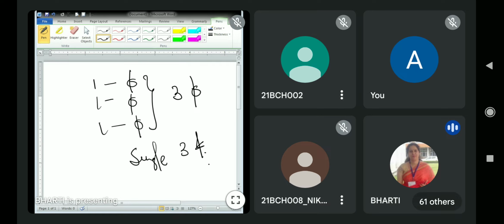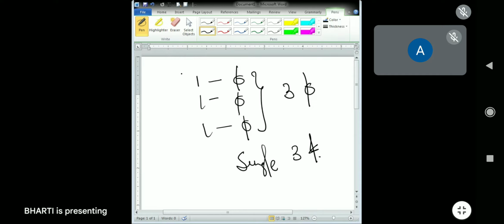Now, there are certain advantages of using a single three-phase system over using three single-phase systems in synchronization. We need to synchronize them.